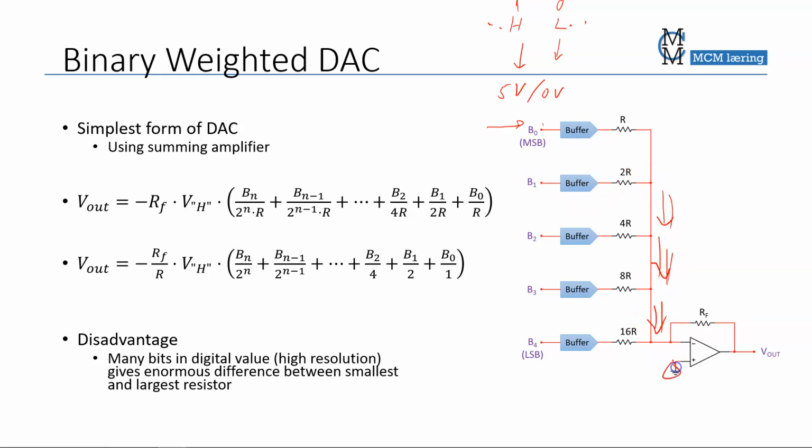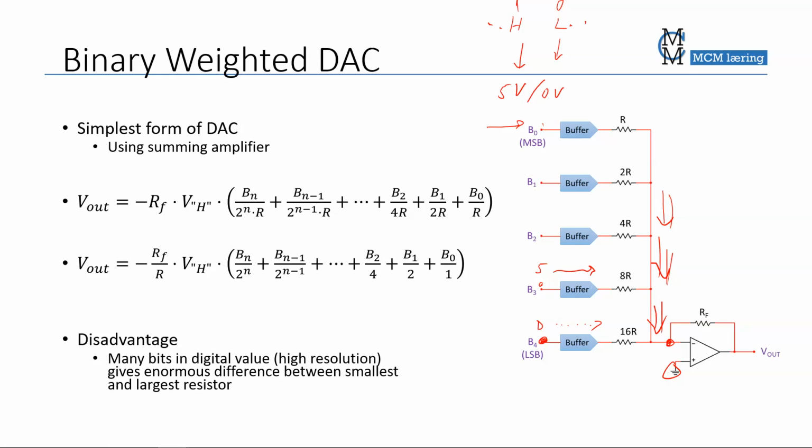So if I, for example, have 0 volts here, there will be no current through that one, while 5 volts here will give a current through that one.